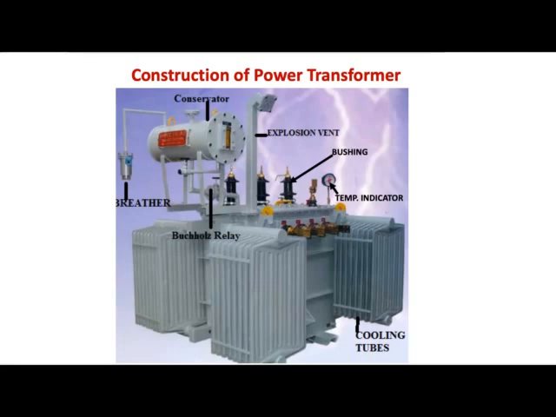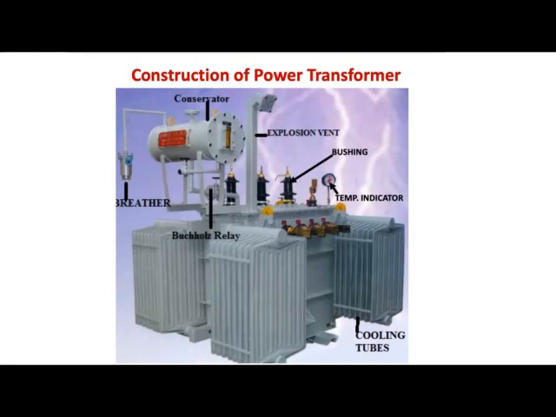Then we have an explosion vent. The explosion vent is a weak section provided in the transformer, so that in case of any emergency, instead of the transformer bursting, it can get a small weak hole from where the pressure can come out.